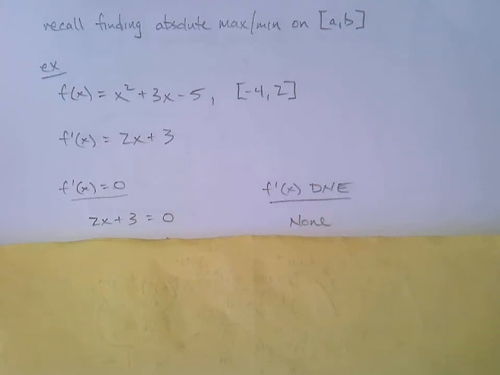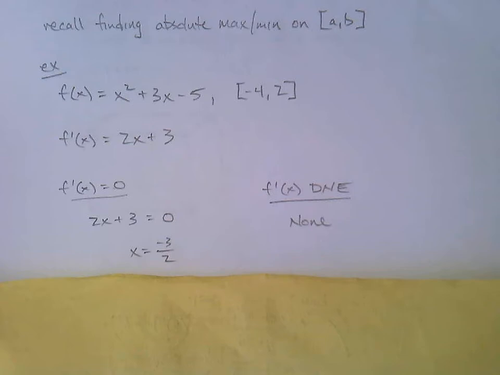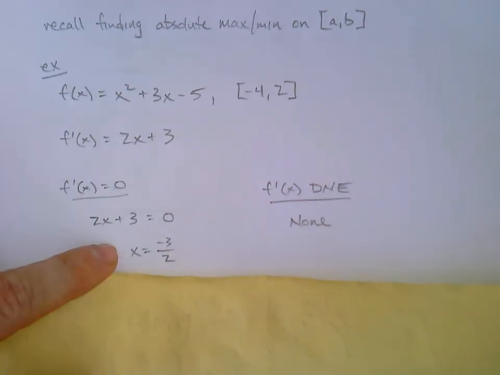Are there any times where it does not exist? Okay, so I'll just show you my work here. Pretty quick to solve this derivative equal to 0. And, well, f prime of x equals 2x plus 3, there's no time where it does not exist, especially not in our interval.